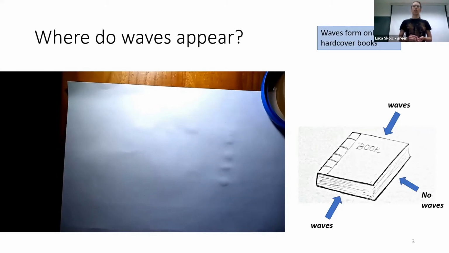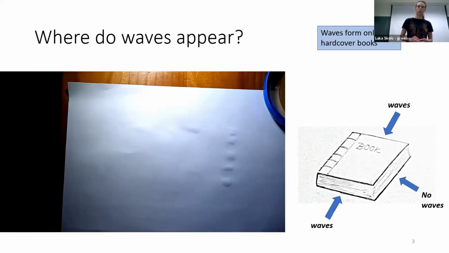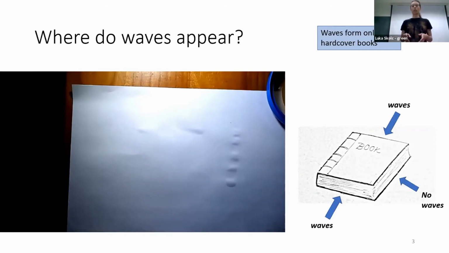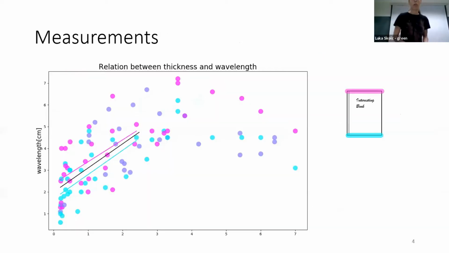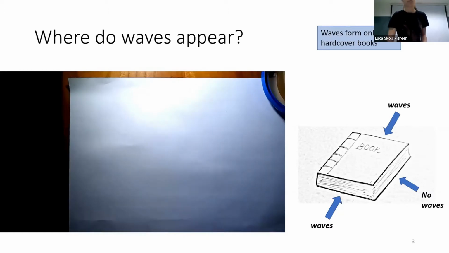As you can see, only the line along the short edge became wavy. So we suppose that the orientation of fibers does matter. This is also what we can see in books. Waves form only at the upper edge and at the bottom edge, but not at the side edge. And if they form at the side edge, they don't form at the bottom and upper edge.